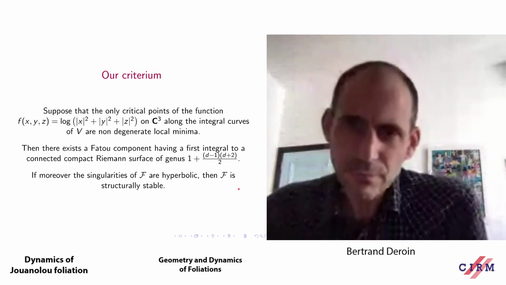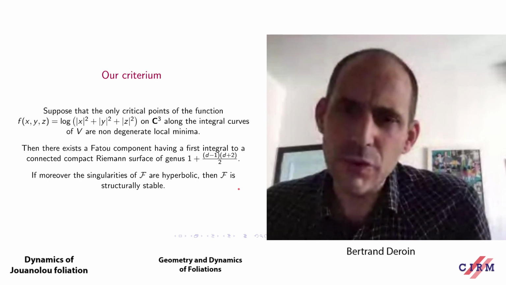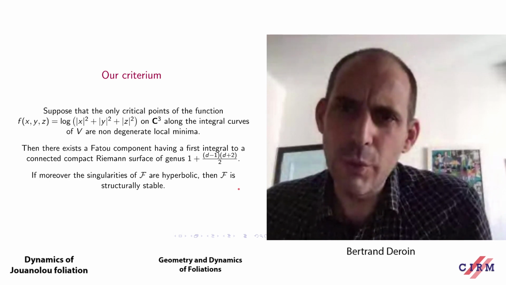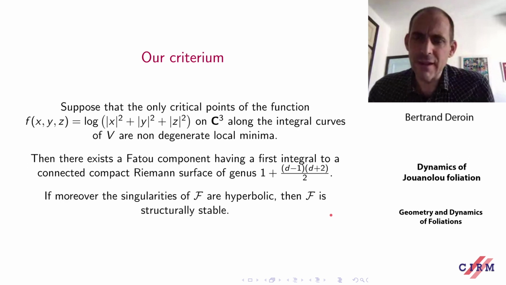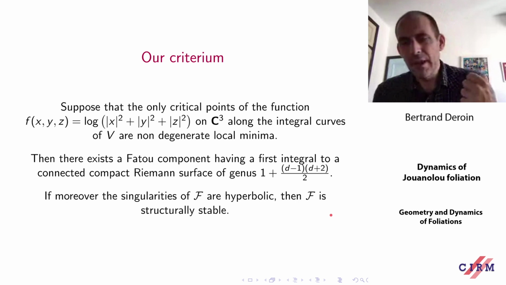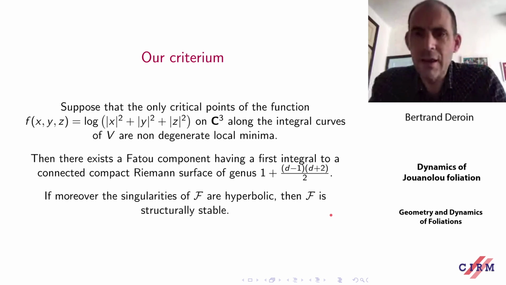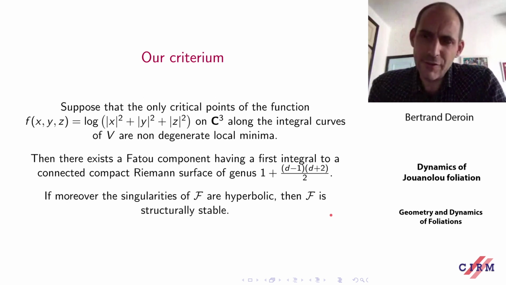And in fact, what is the Fatou component? You can take the union of the critical points of this function f along the V trajectories. This is clearly projectively invariant, so you might look at this set projected in the projective plane.